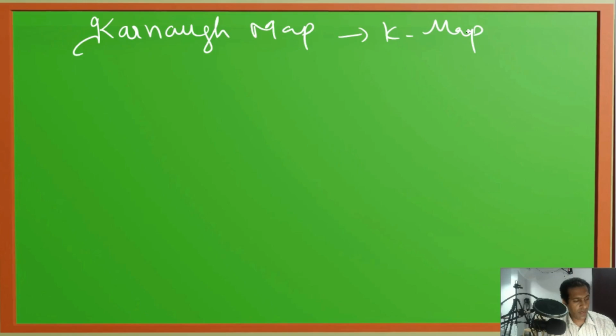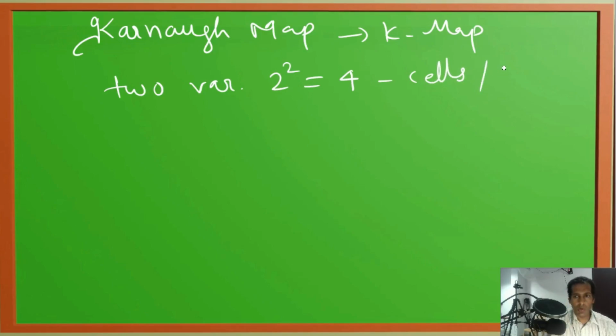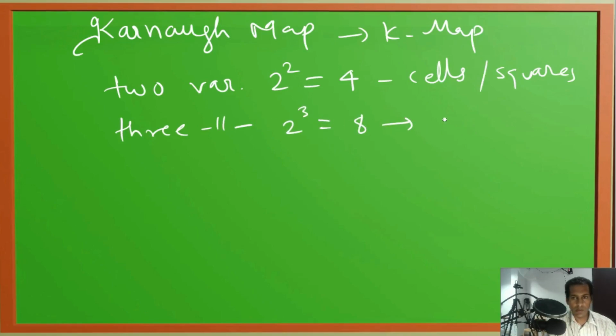Suppose for a 2 variable K-map, we will have a maximum of 2 to the power 2, so we can have 4 cells or squares, right? Now if we talk about 3 variables, we can have 2 to the power 3, that is 8 cells or squares.